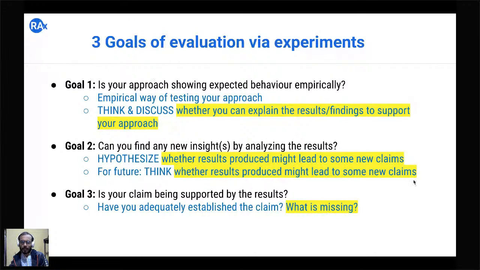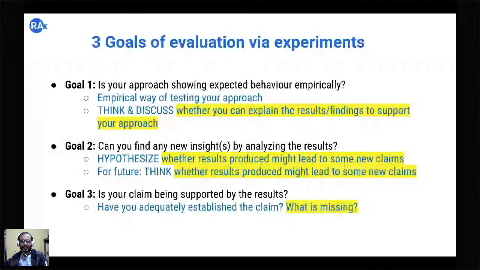By the way, I did a typo over here. The first one is the claim, and the second one is not claim. Read it as insights. So is it leading to some new insights, and can those new insights lead you to the next level of research?